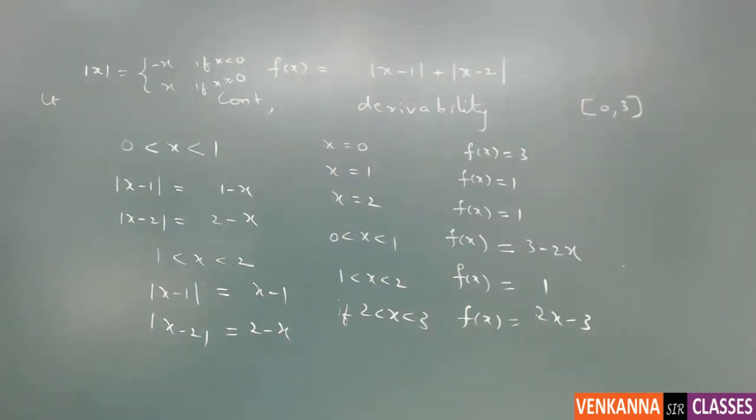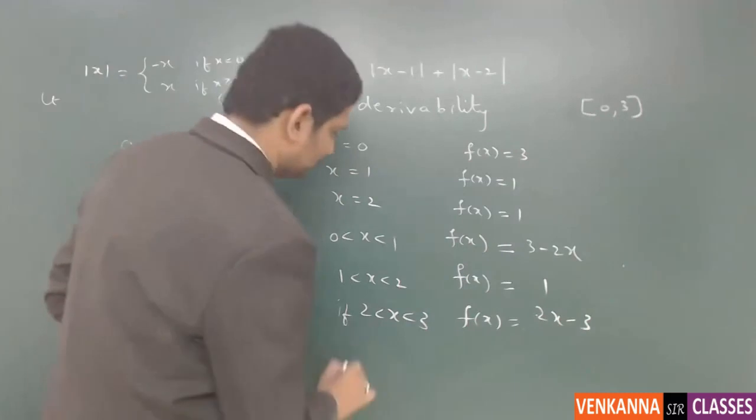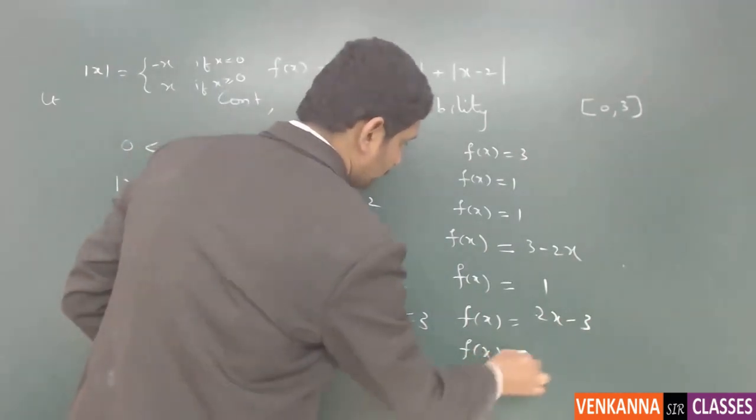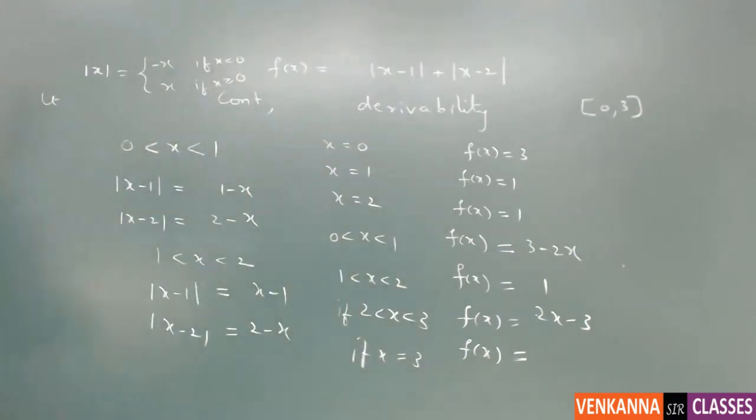Okay? Right. Even though if you take greater than 3, the same values will come, right? Yes. So this will be the bifurcation of the function. So if you calculate for x is equal to 3, then f of x will be 3, right?